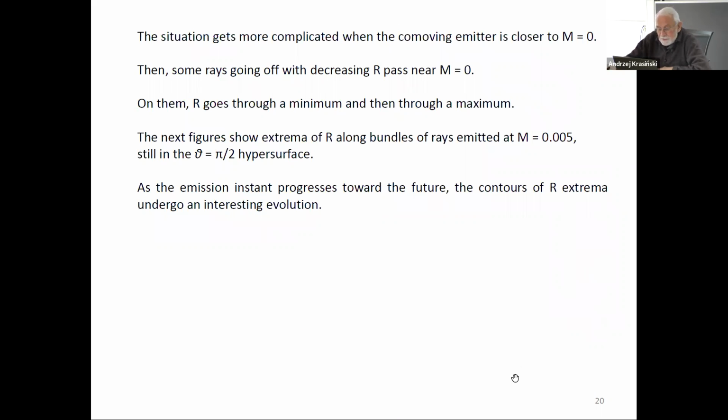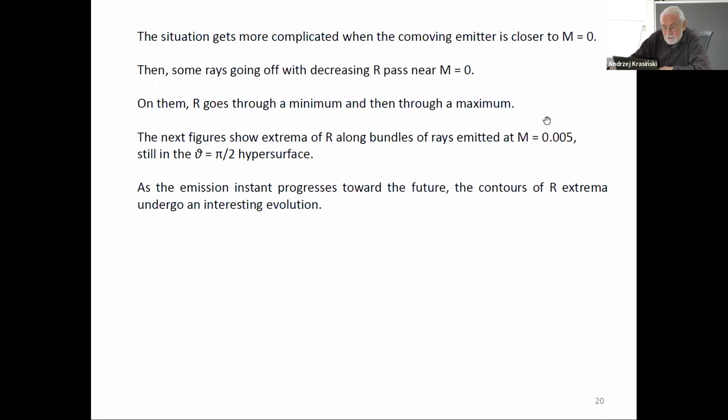Now, the situation gets more complicated when the emitter is placed closer to the center of symmetry. Then some rays that go off with decreasing R pass near the center of symmetry, and on those rays, R goes through a minimum and then through a maximum.